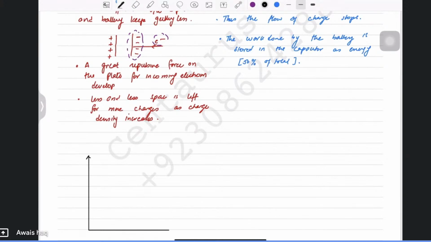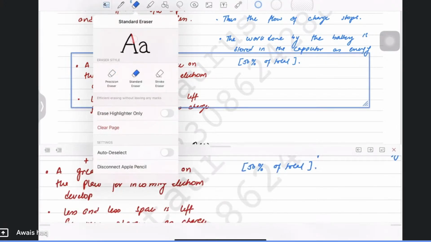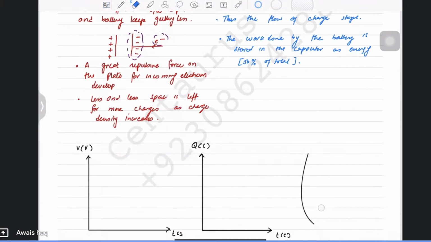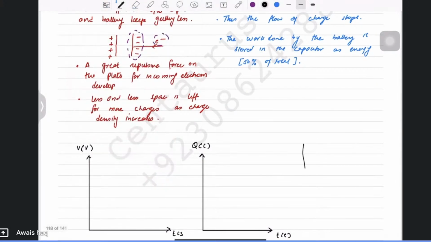Okay. So first of all, we're gonna make a voltage and time graph, and then we are gonna make a charge in coulombs and time graph, and then I would like to make a graph between current and time.